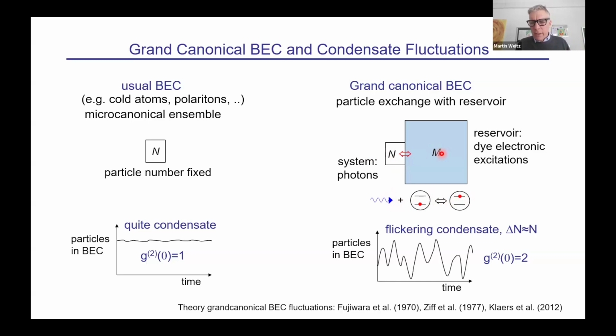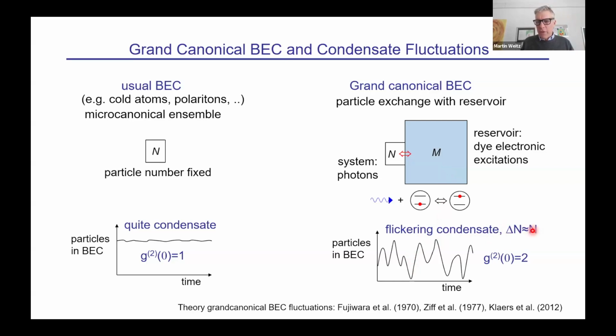And for most cases, it doesn't matter very much whether you treat a problem in the canonical or in the grand canonical regime. But there's one exemption, that is the fluctuations of particles in the Bose-Einstein condensate, because in the grand canonical regime, there are actually huge fluctuations of the particle number, and the fluctuations can be even as large as the average particle number.